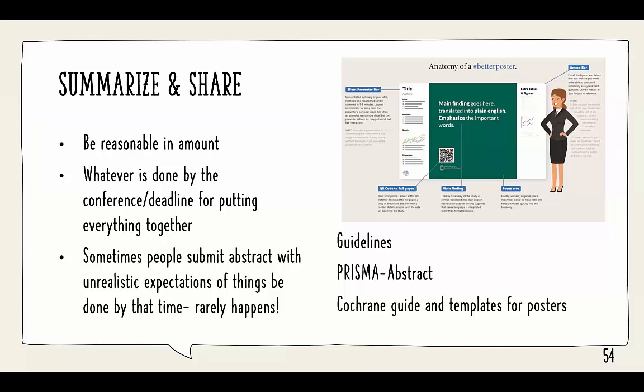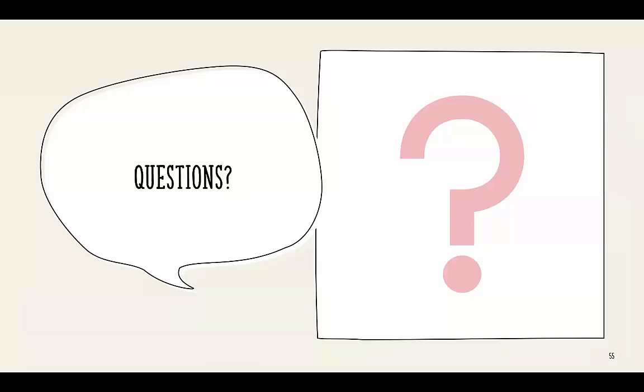I thought that was kind of cool, so you can actually have templates that you can download. They might look at that as an example to help them if they're doing a poster. Like I said before, I usually try and talk with them about not setting up unrealistic expectations for getting things done. And so that is the end of my slides.